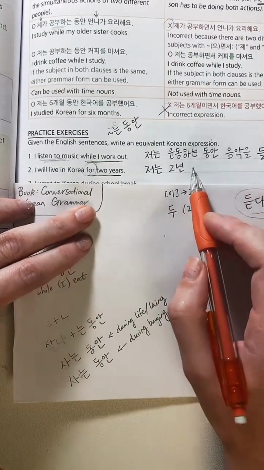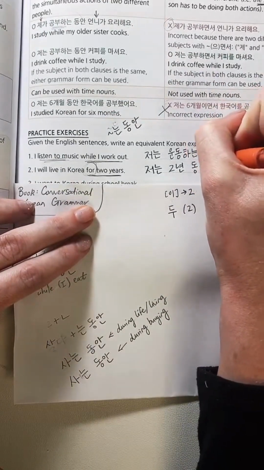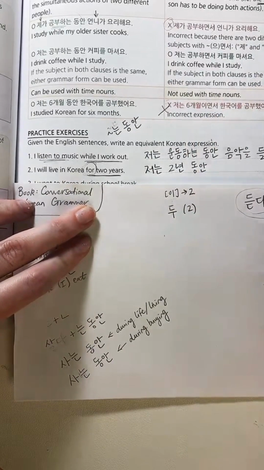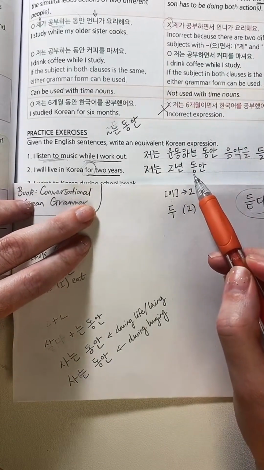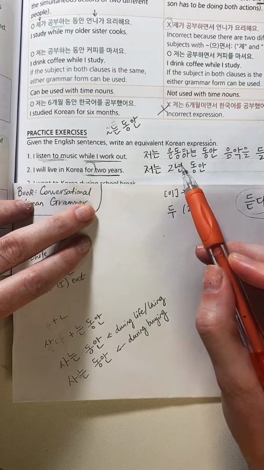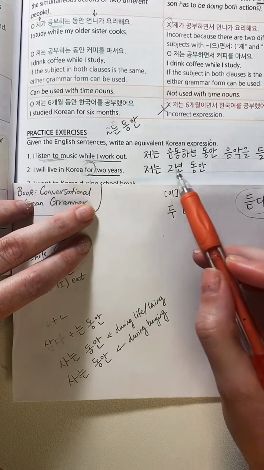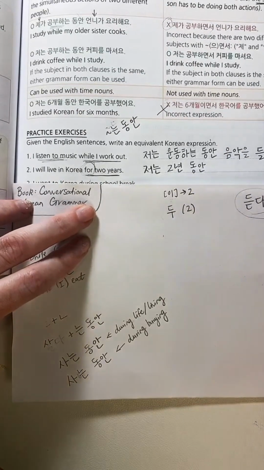Yeah, beautiful. So make sure you put a space and then write 통한. You might see it written all as one word, but technically you should have a little space between 2년 and 통한. 2년 통한 means for 2 years.